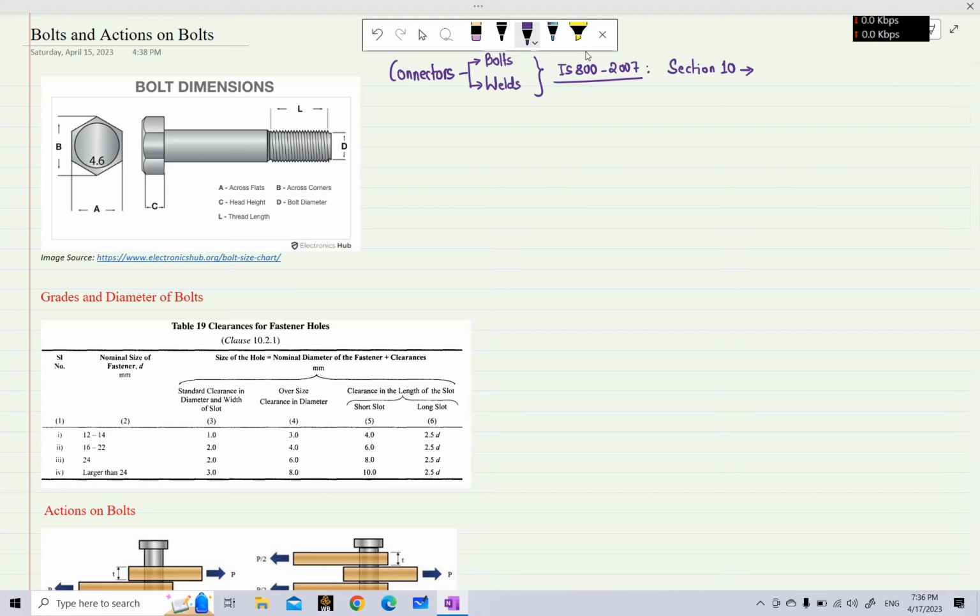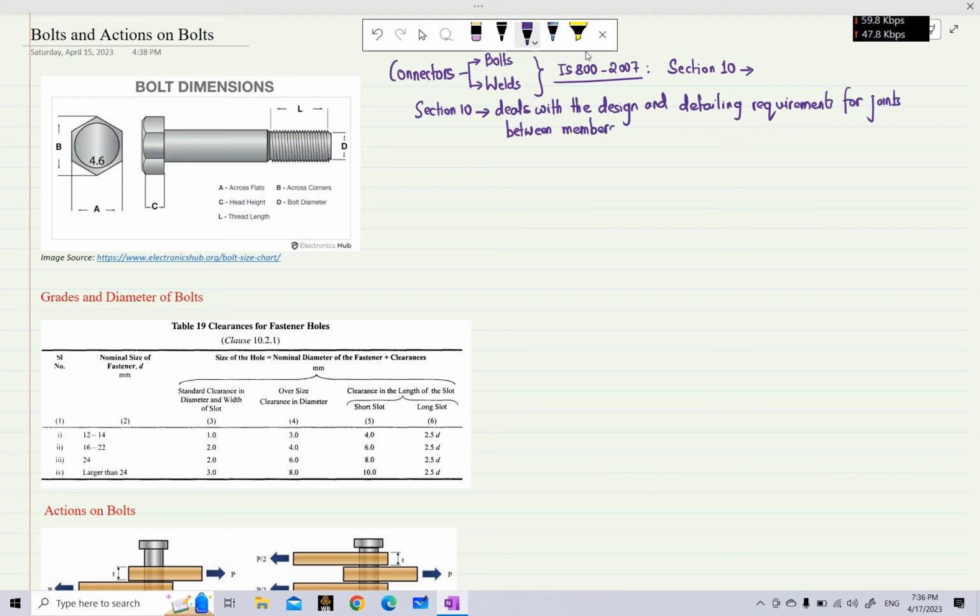Let's say Section 10 deals with the design and detailing requirements for joints between members.